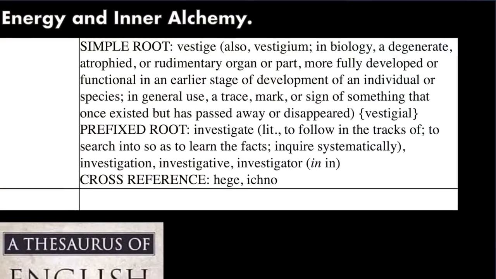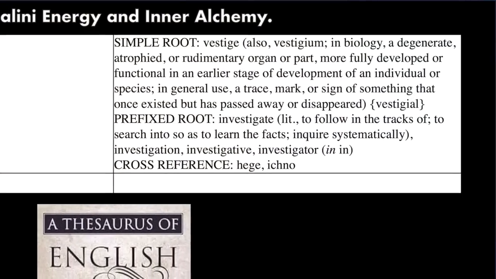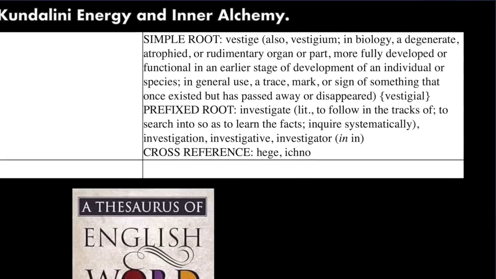And interestingly, a vestigium is described as a degenerated or atrophied organ, a sign of something that once existed but has passed away or disappeared.